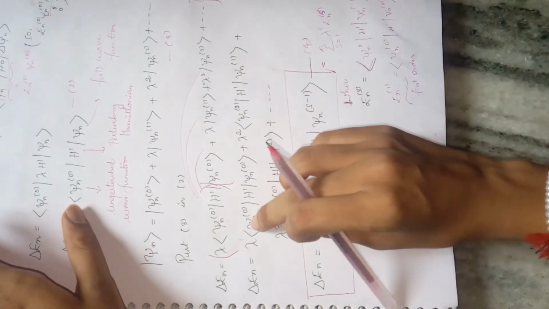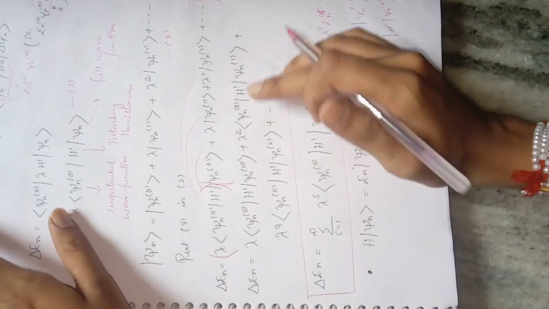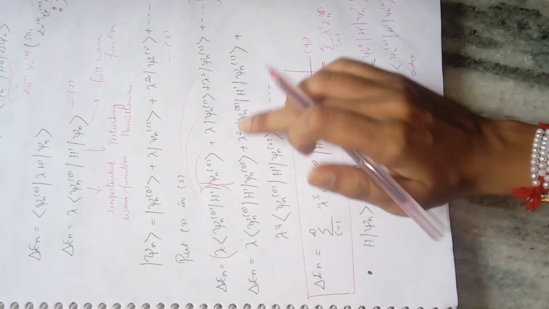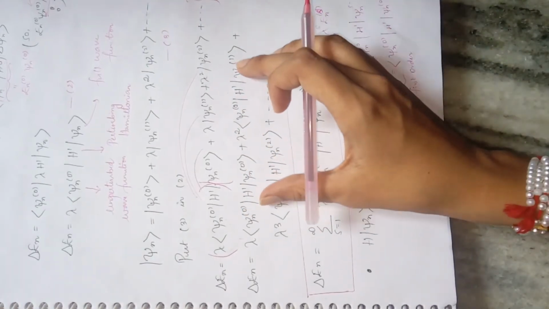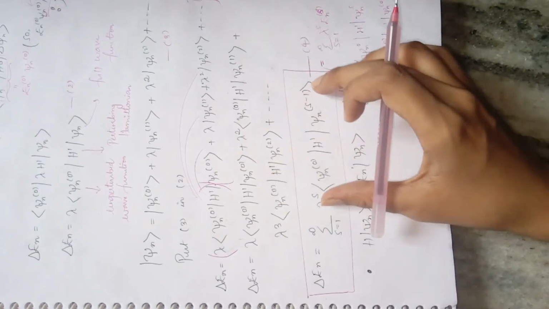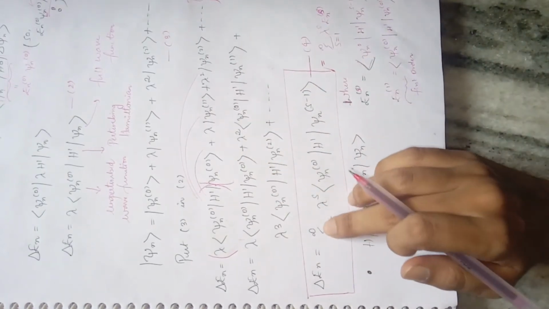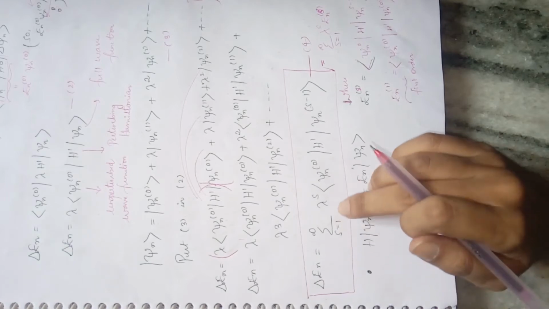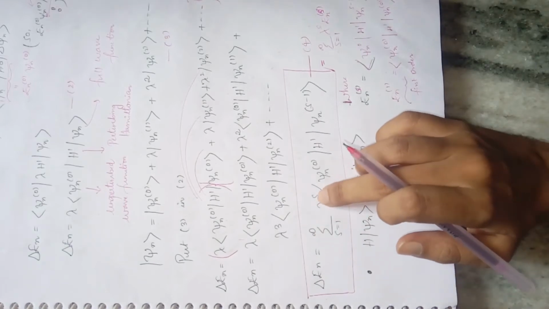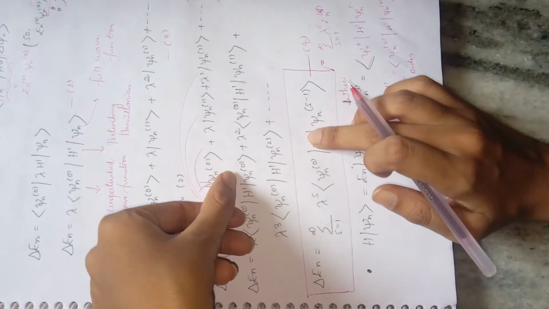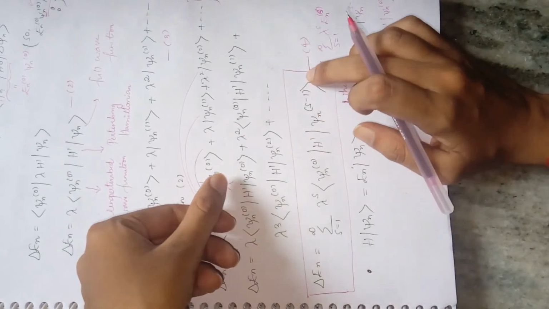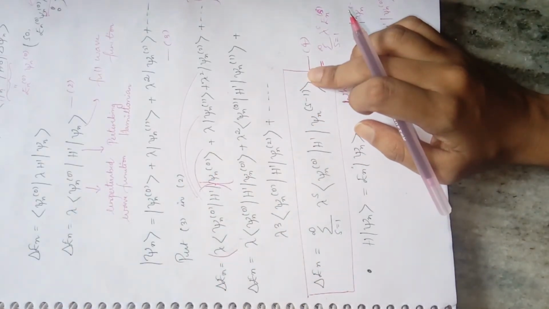Now as everything is the same over here except for the last term, psi n naught H dash is common everywhere, so I will write the simplified form as delta En is equal to the summation over s from 1 to infinity of lambda power s psi n naught H dash psi n s minus 1. Why have I written s minus 1?